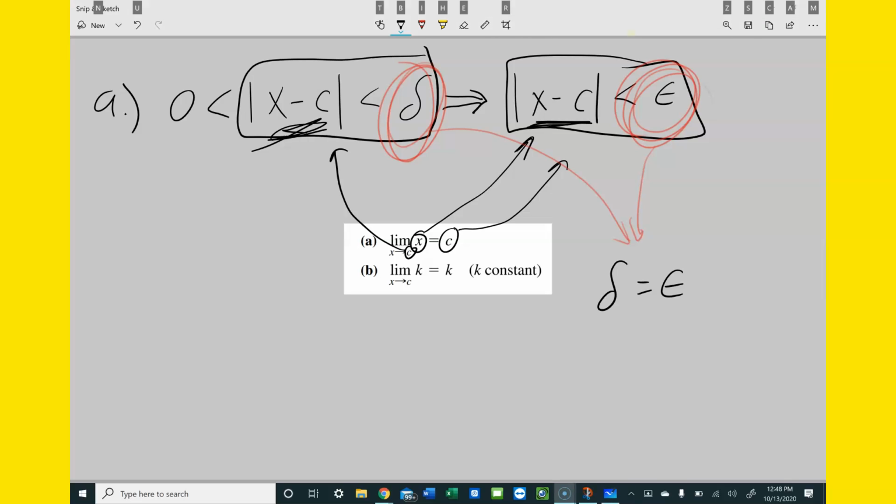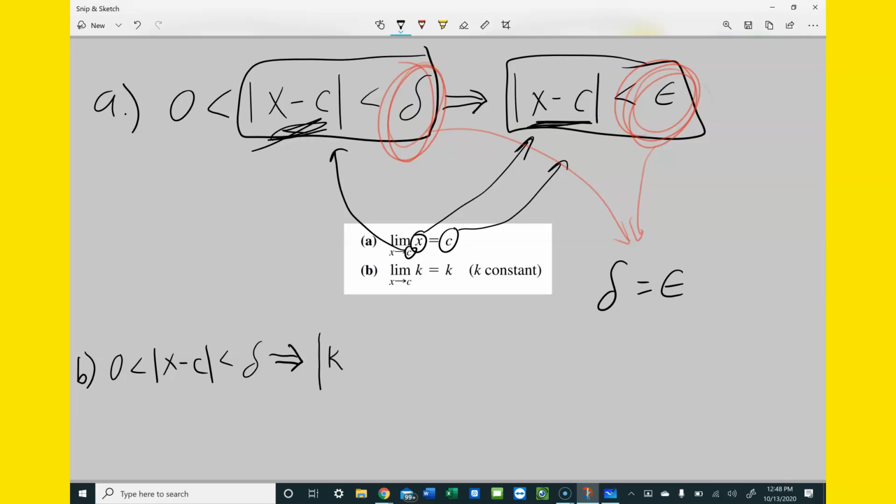All right, let me try part B right here. This time, 0 is less than the absolute value of x minus c is less than delta, implies that the absolute value of k minus k is less than epsilon.